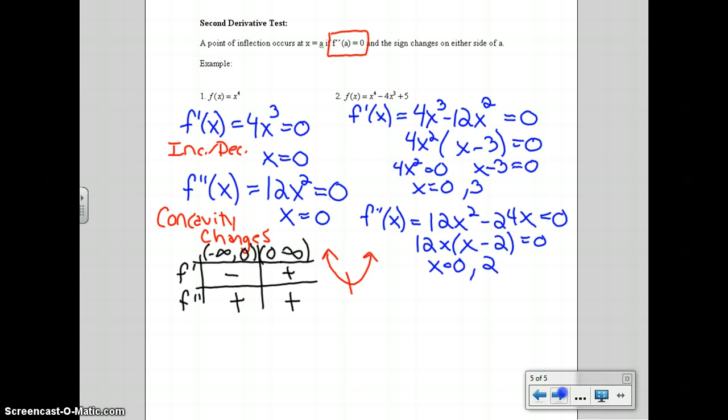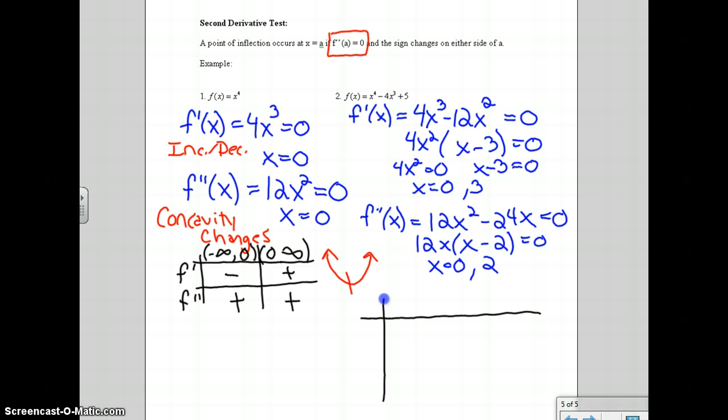So let me extend our page a little bit so we have a little bit more room to work. Let's go ahead and set up our first derivative and our second derivative. We have a change at 0, so I'm going to include negative infinity to 0. Our next change occurs at 2, so I'll include 0 to 2.